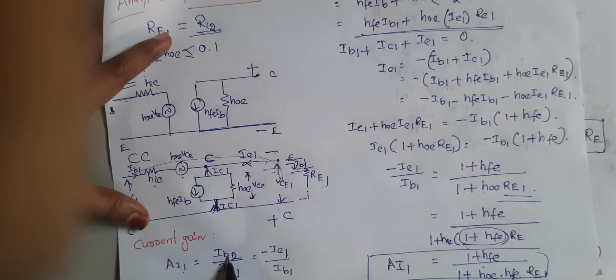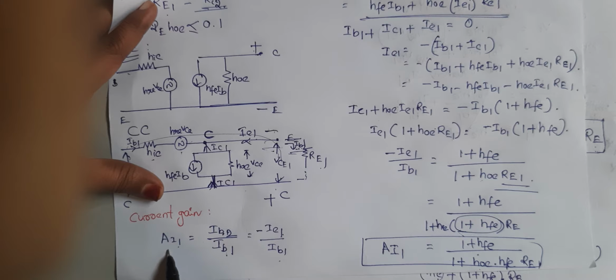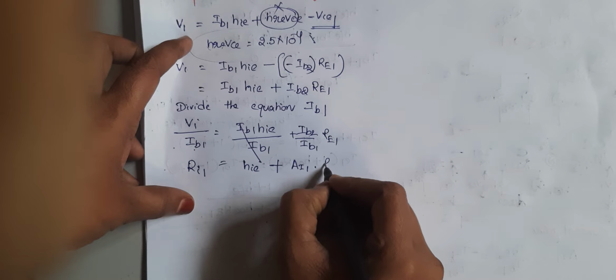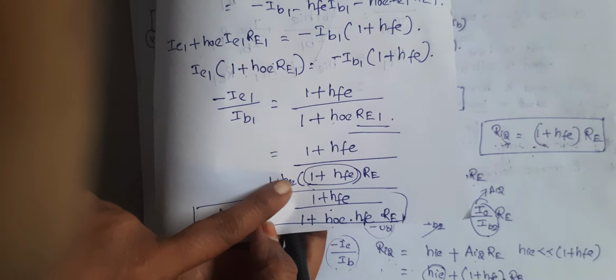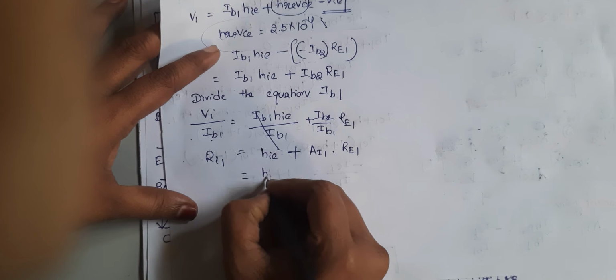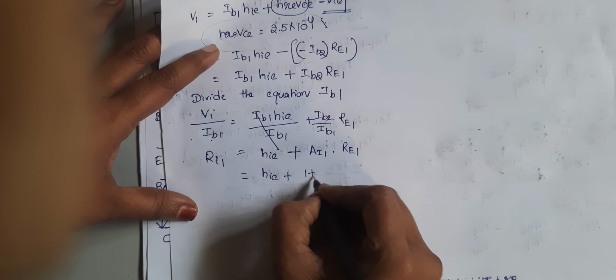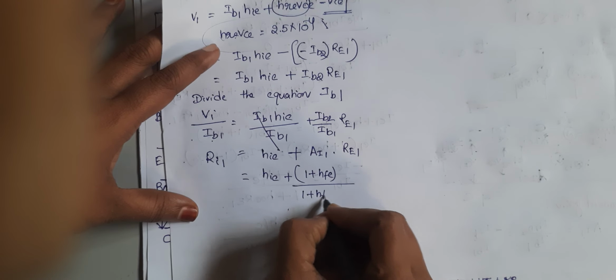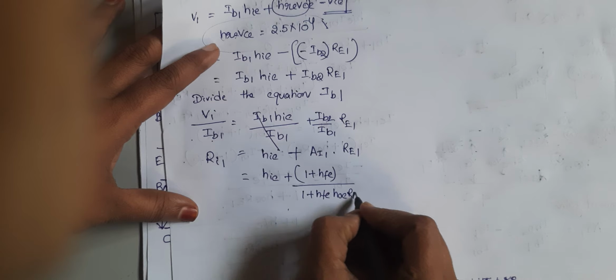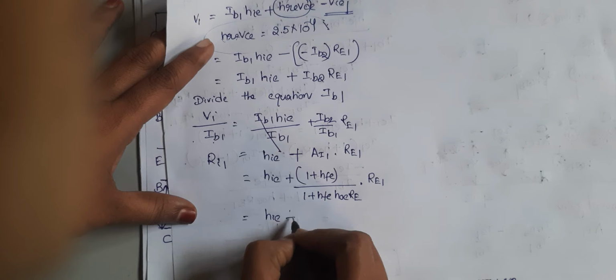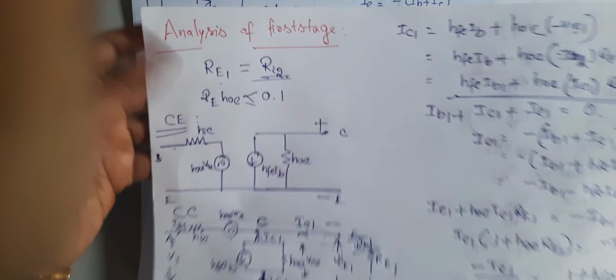Here IB2 by IB1 is equal to AI1, so AI1 into RE1. So what is the equation for AI1? This is 1 plus HFE by 1 plus HOE HFE RE. So HIE plus 1 plus HFE into 1 plus HFE HOE into RE, into RE1.